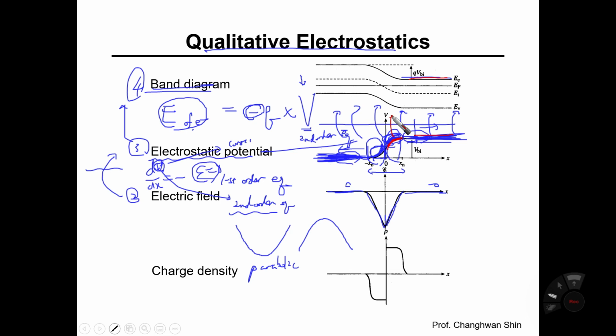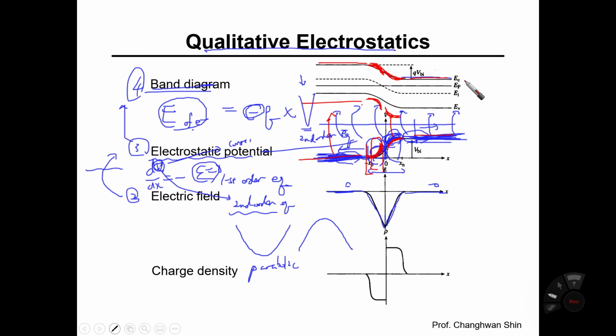So if you flip it, it should be like that. Okay, so you can find the parabolic curve shape, and beyond the depletion region of the P side here, the curve is downward. So if I flip it, you're going to get this curve shape. Okay, so you can find that the band diagram looks like that. And here a straight line. So if I flip it, another straight line, so you're going to get this.